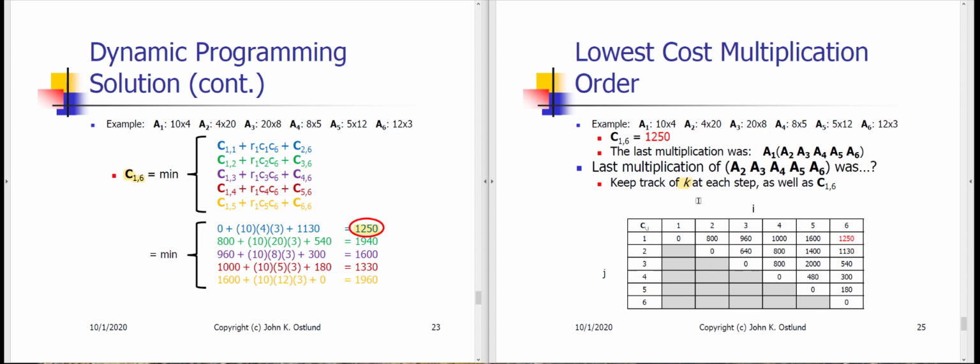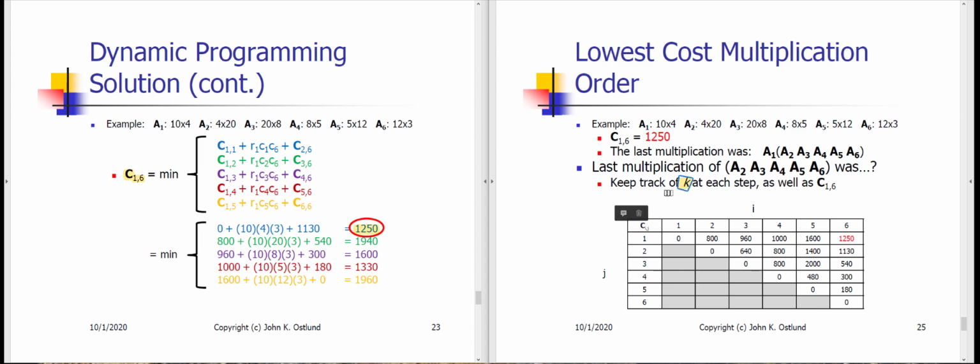Remember that we're multiplying A sub 1 through A sub k, that prefix, times A sub k plus 1 up through A sub n, that suffix. So we're multiplying a prefix times a suffix, and you have to keep track at each step as you compute this diagonal of where the end of the best suffix was.